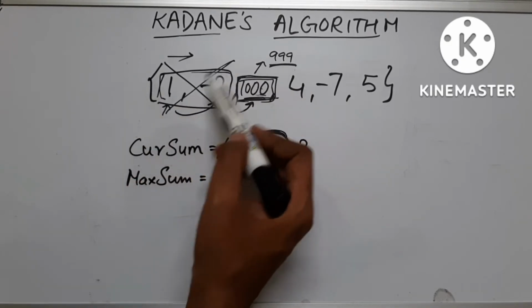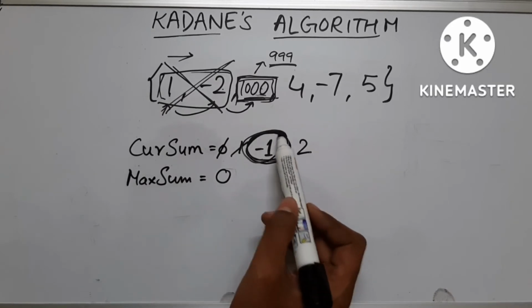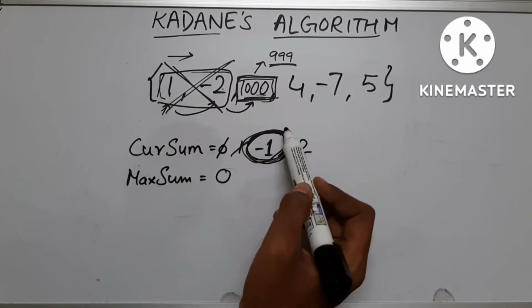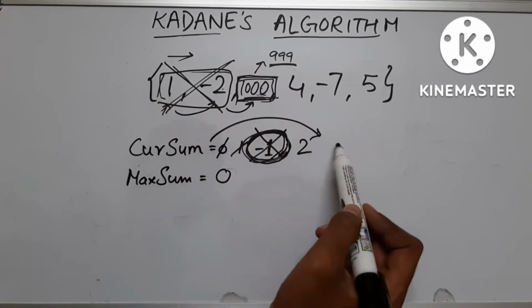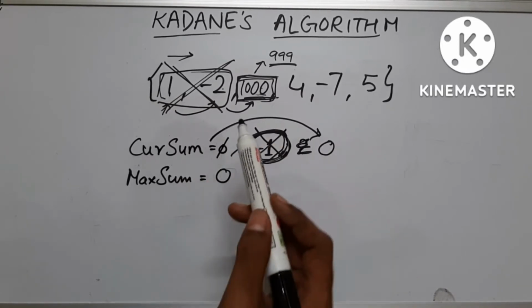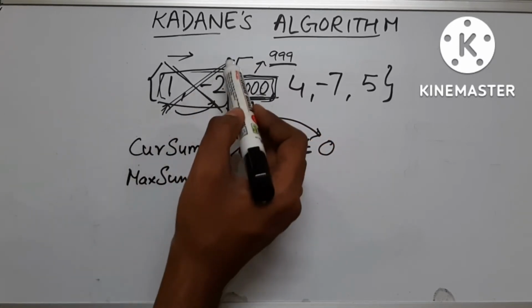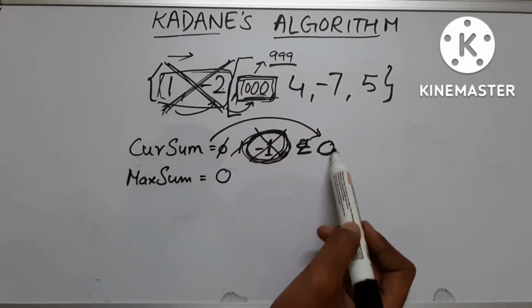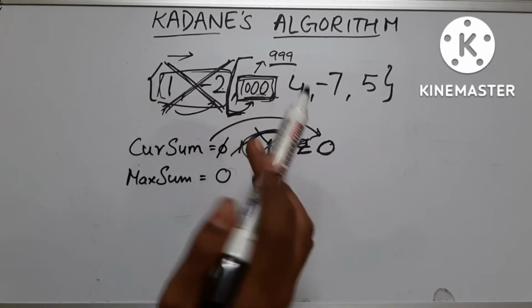So Kadane's algorithm says just discard it. Whenever you are getting a negative value, you just stop over here, make current sum 0 again, and start fresh from the next value.